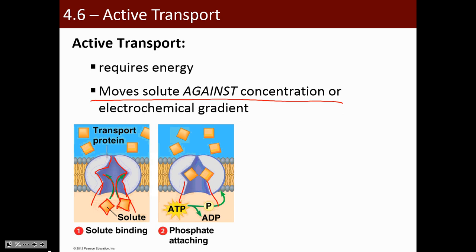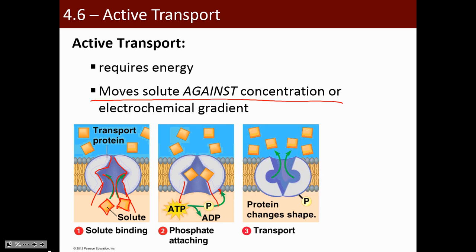Now an ATP molecule that's carrying energy is going to come, and it's going to drop its phosphate group off on that, and in that transfer release energy to the protein. As it releases that energy, the protein changes its shape, and our solutes go to the other side. So here we have not very many solutes down here.